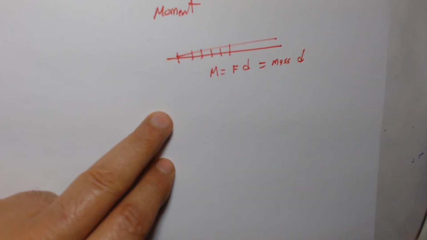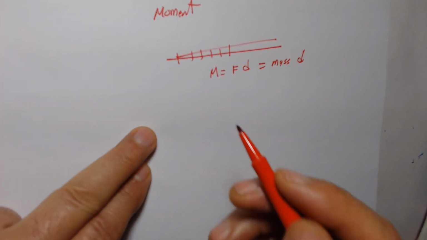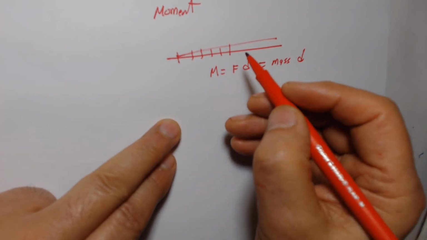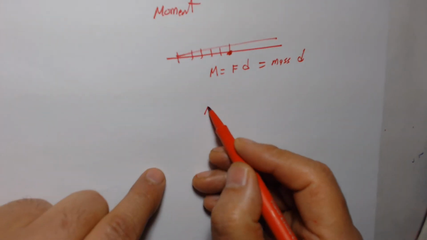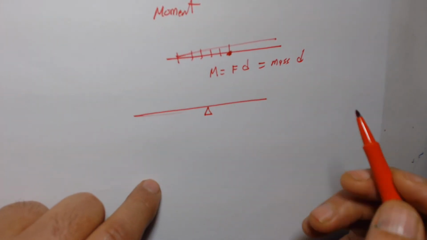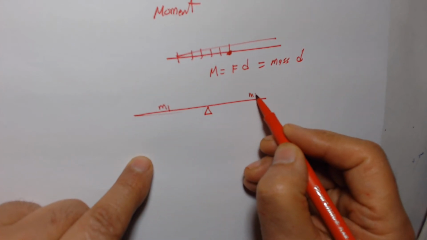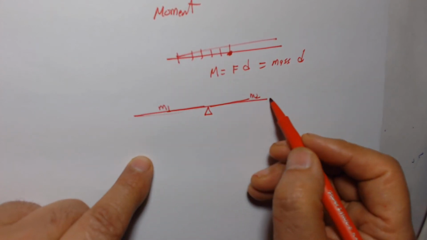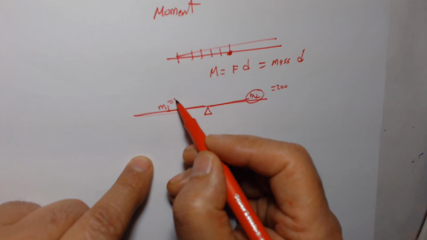Then, if I want to find the center of the mass, and make my fulcrum balance, you have a mass here, you have a mass here, but there is a distance here and here. Maybe one of these masses is 200 pounds, this one is 50 pounds.